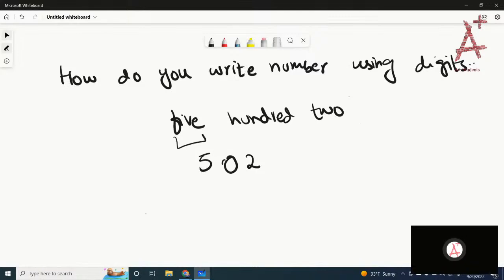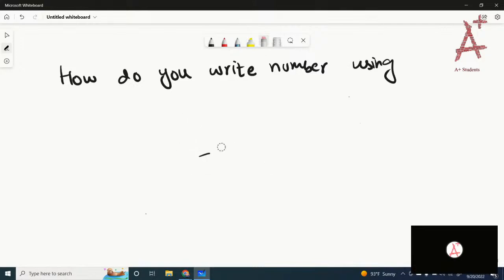How do you write the number using words? Okay, 417.